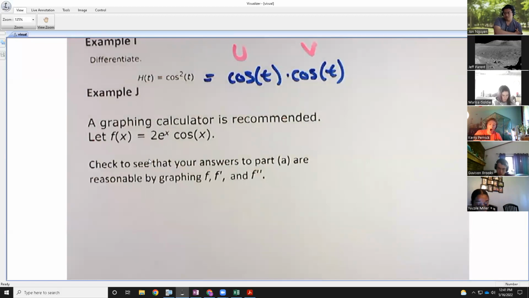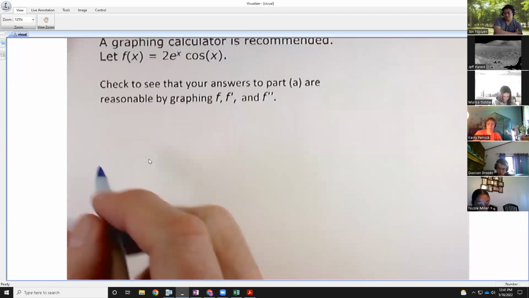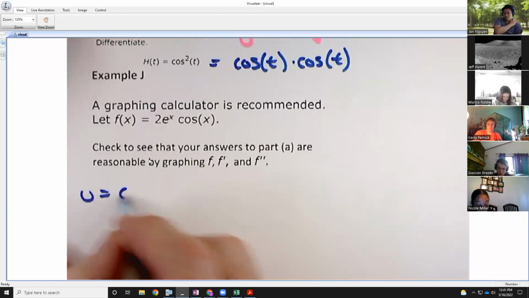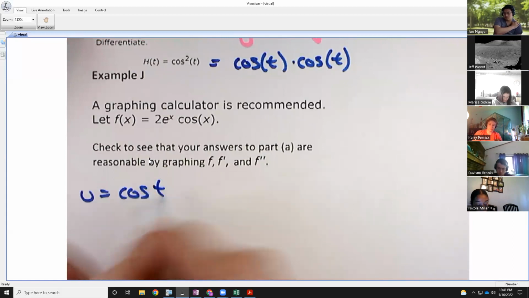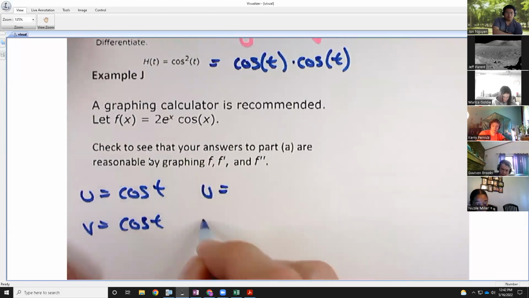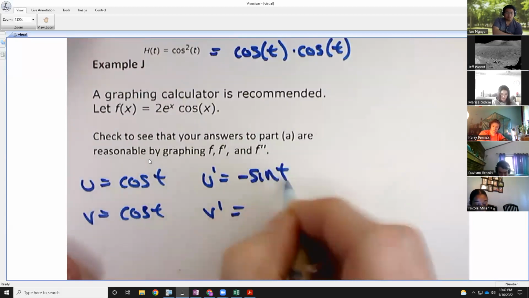So let's see what we get. It's not going to be something that you might have been able to expect. So let's see, we've got u is cosine of t. V is cosine of t. What's the derivative going to be? Negative sine. Thank you. Negative sine and negative sine.